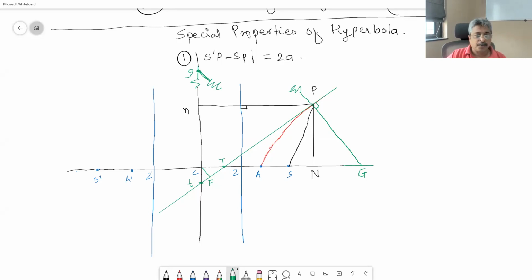Okay. So first property that we are supposed to prove is optic property.